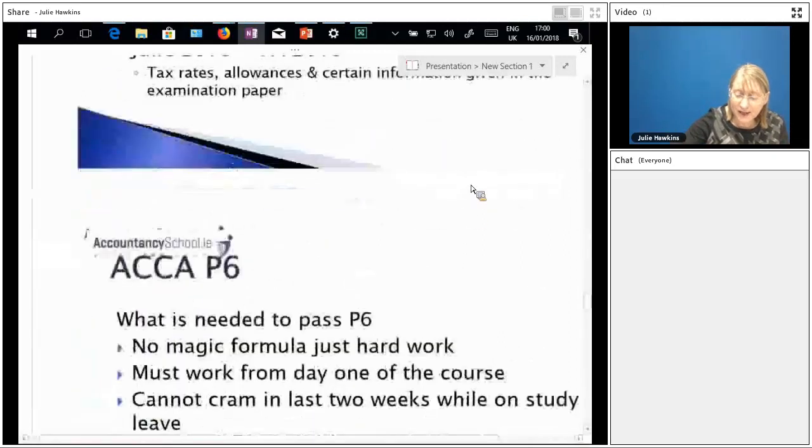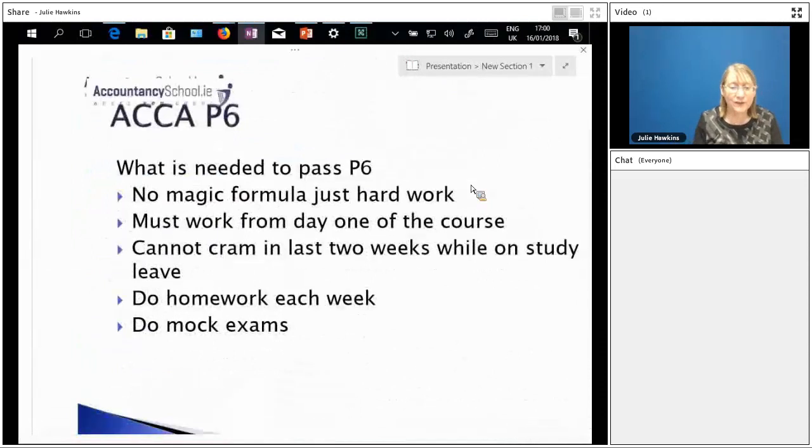Now, what do you need to pass P6? Well, there's no magic formula. It's just hard work. And if you're prepared to put in hard work, P6 is a very gettable paper. You have to work though from day one of the course. That's the really big thing.